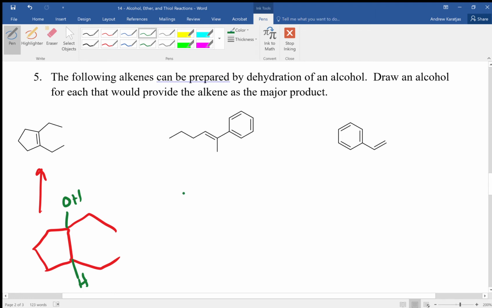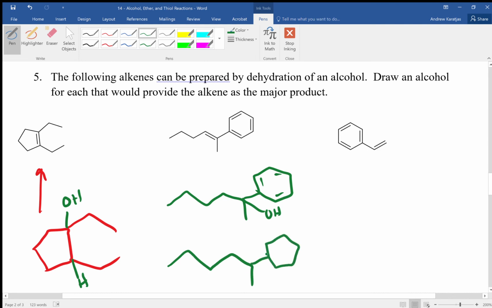The second one, we could put the alcohol there. Or there. Again, does it matter where we put it? Because in some cases it will, but in this example, again, it won't.